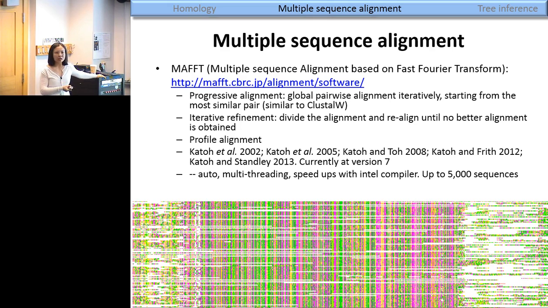MAFFT actually borrows a lot of things from ClustalW, MUSCLE, and T-Coffee. And even nowadays Clustal Omega copies a lot of things from MAFFT as well. It's the next generation of ClustalW. So a lot of times it's just a different implementation of a very similar algorithm.